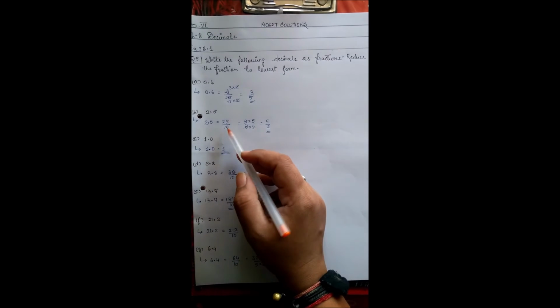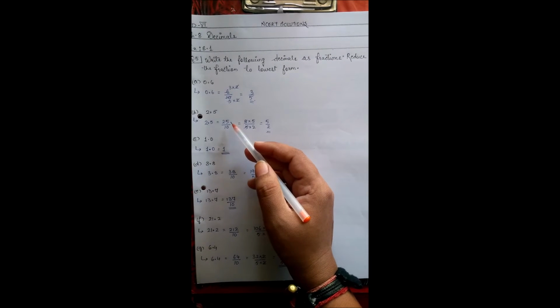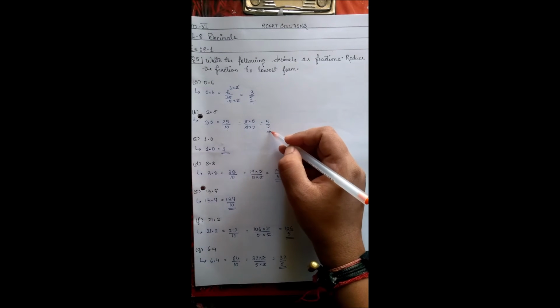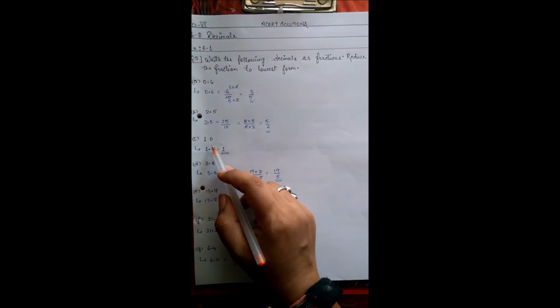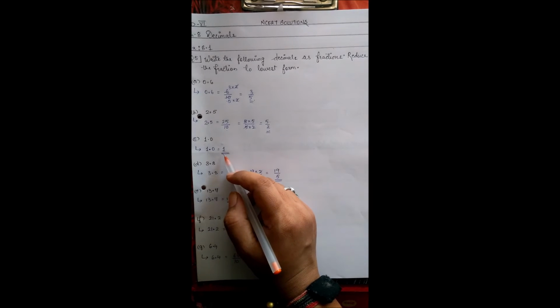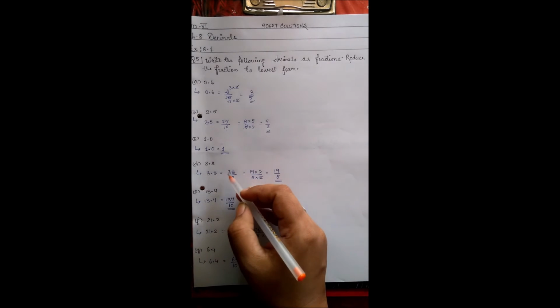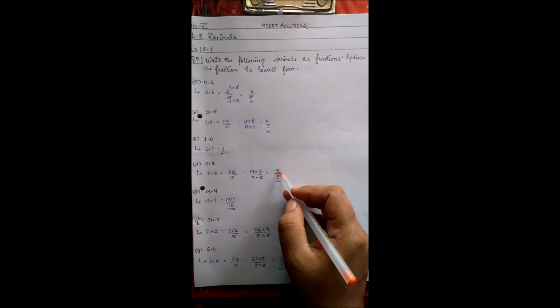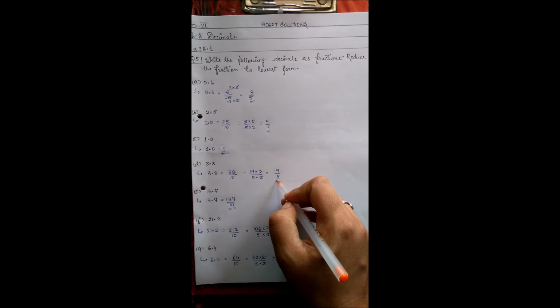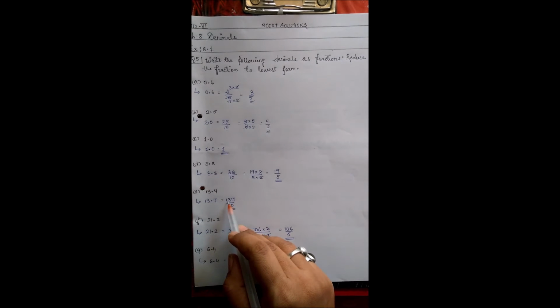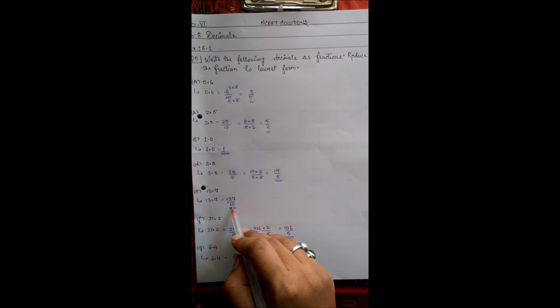2.5. So 2.5 fraction form is 25 upon 10 and reduced form is 5 upon 2. 1.0. So the fraction is 1 only. 3.8. So the fraction form is 38 upon 10 and the reduced form is 19 upon 5. 13.7. So the fraction form is 137 upon 10.